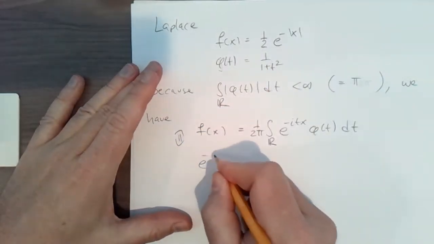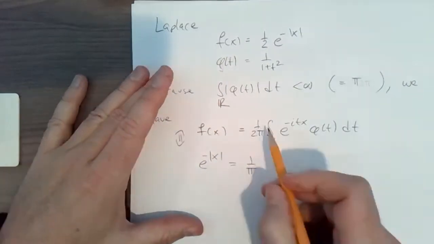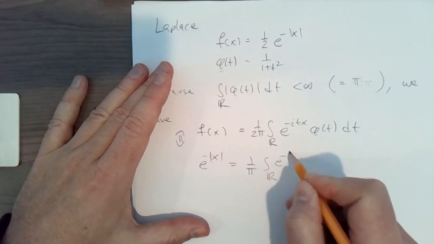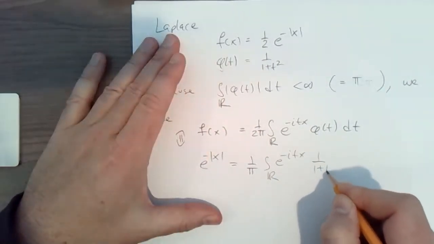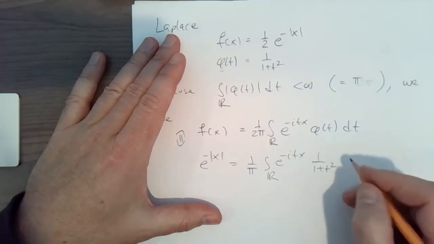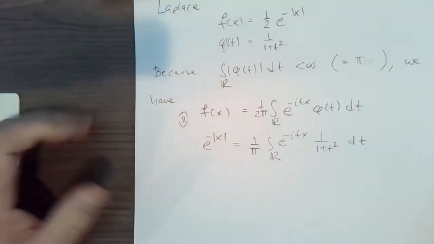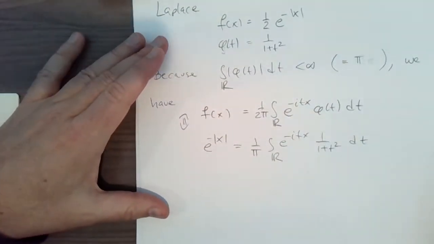This will be e to the minus absolute value of x, 1 over pi. I'll cut away the halves here. Integral over R, e to the minus i t x, phi here was 1 over 1 plus t squared, dt. But this is all what you get out from the Laplace case.